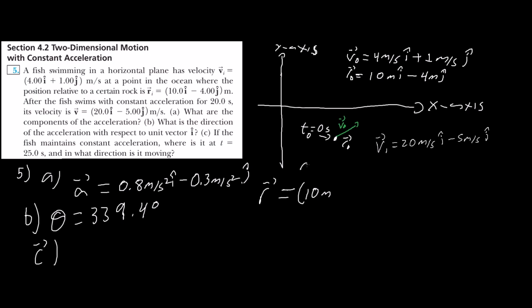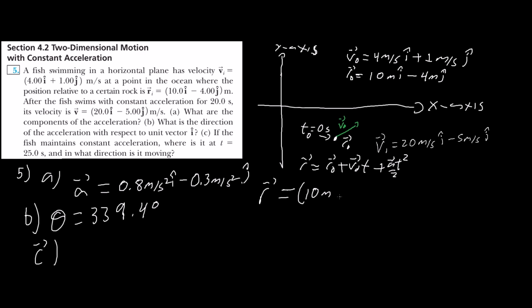So this is what I'm going to be writing: nothing more than r naught vector plus v naught t plus a t squared over 2. Since we already found the acceleration vector, this is already going to be the whole position depending on the time variable. That's the parametric equation right there.